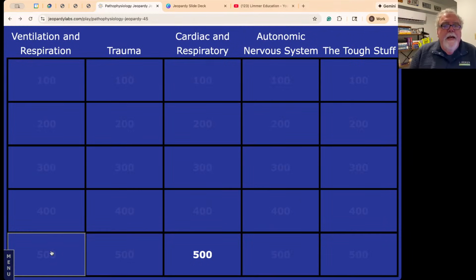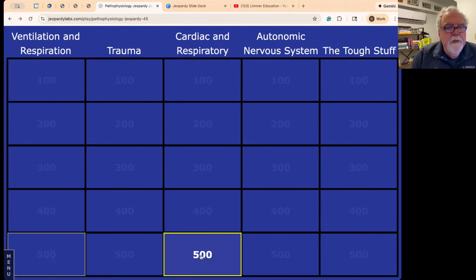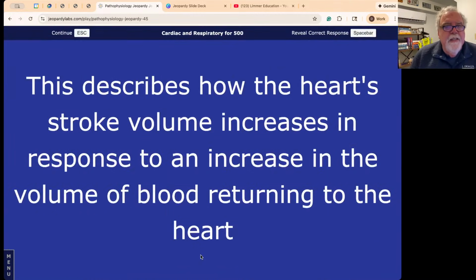All right, and the last question, cardiac and respiratory for 500. Let's get this done. This describes how the heart stroke volume increases in response to an increase in the volume of blood returning to the heart.